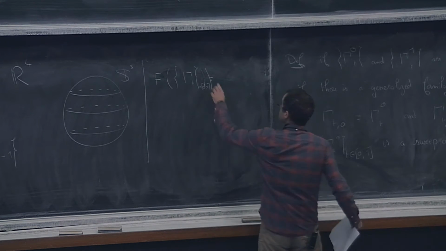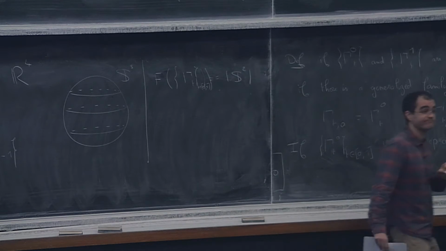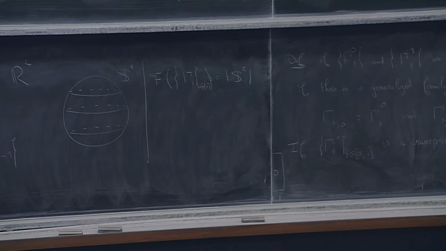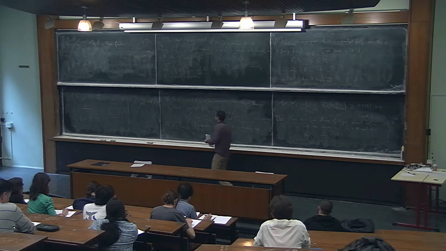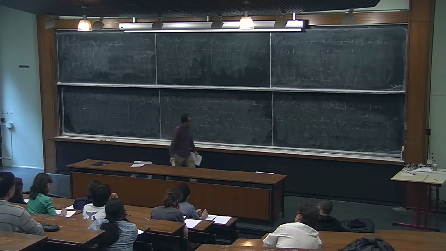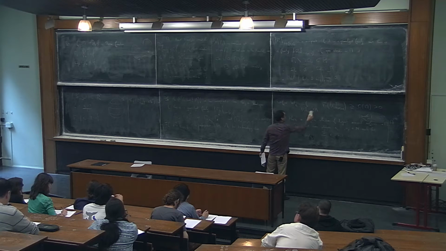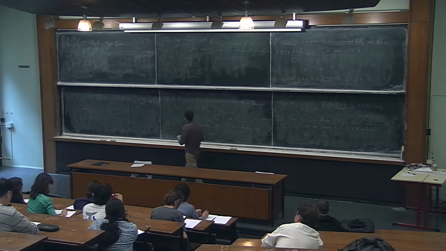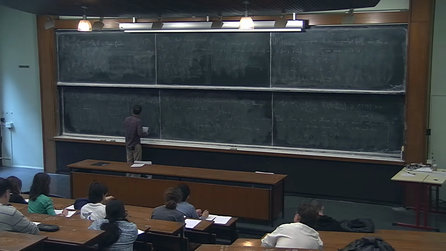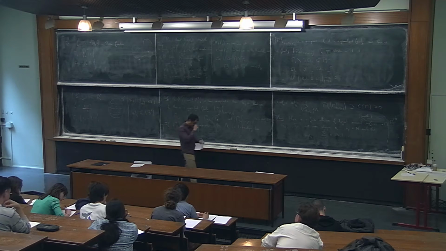So what you get is the area of S2, the Euclidean S2. As a conclusion, you know that this value, which is just the infimum of all this quantity, is less than the area of S2.